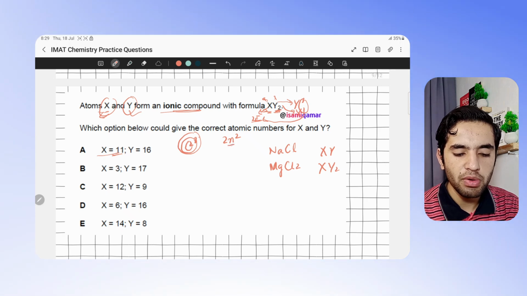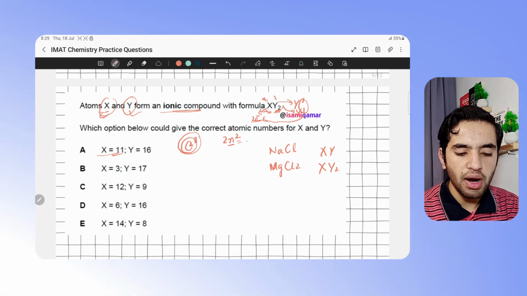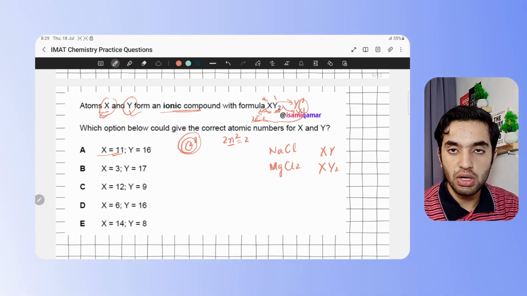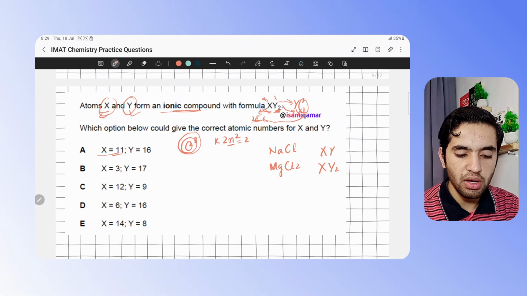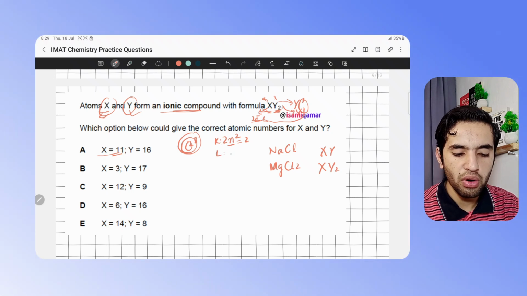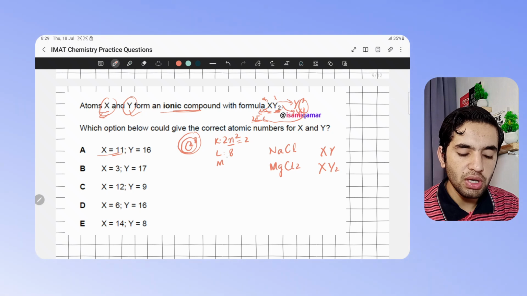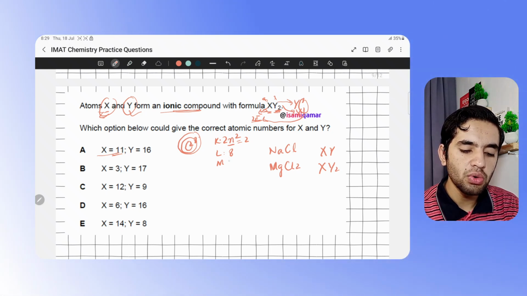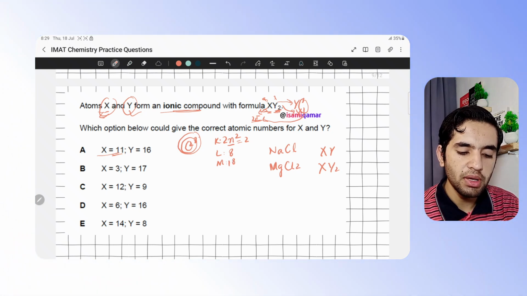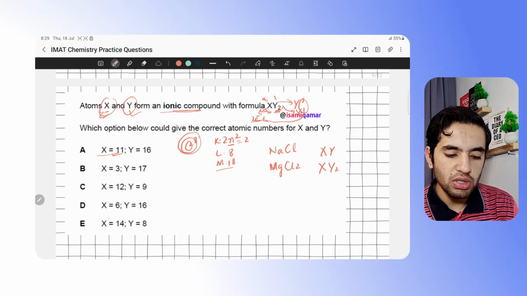K is 1, so 1 squared equals 1, 2 times 1 equals 2, so the K shell accommodates 2 electrons. Then L is 2, so 2 squared is 4, 2 times 4 is 8. M is the third shell, so 3 squared is 9, 2 times 9 is 18, so the third shell will be 18. I know you know these basic things.